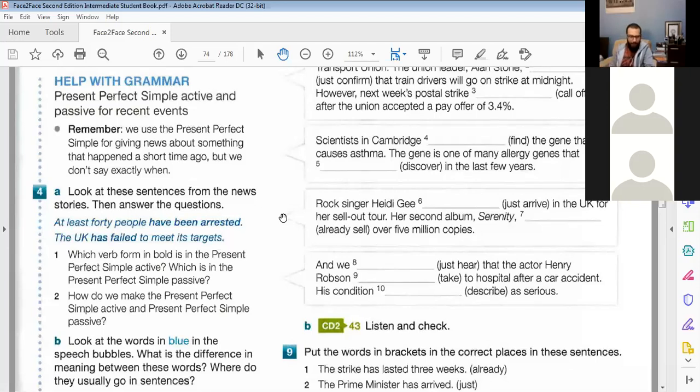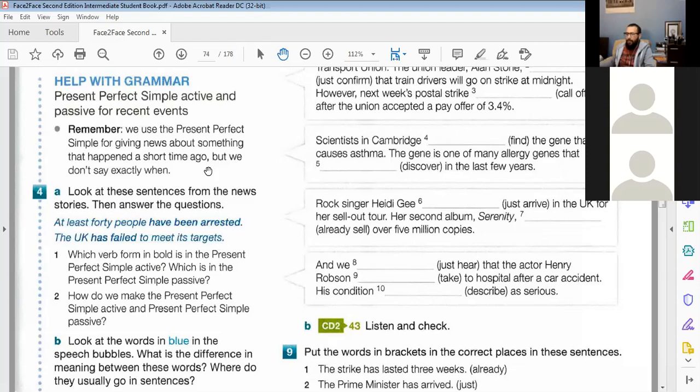If you remember in unit, I think unit 2, we talked about the relationship between the past simple and the present perfect, when to use the past simple, when to use the present perfect. So we talked about that in detail in the beginning of the course.